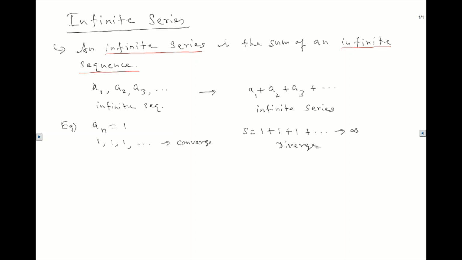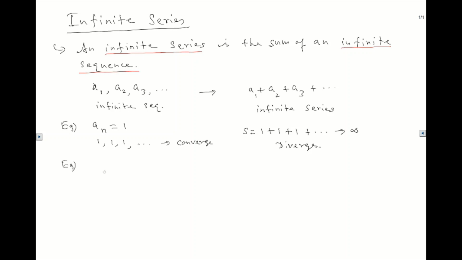So you can see that even if you look at a simple problem, the sequence converges, but when you look at the corresponding series, it's going to diverge. It goes to infinity. So I'm going to give you several examples just to see how complicated this is. For example, let's look at these examples. So we have 4 examples.